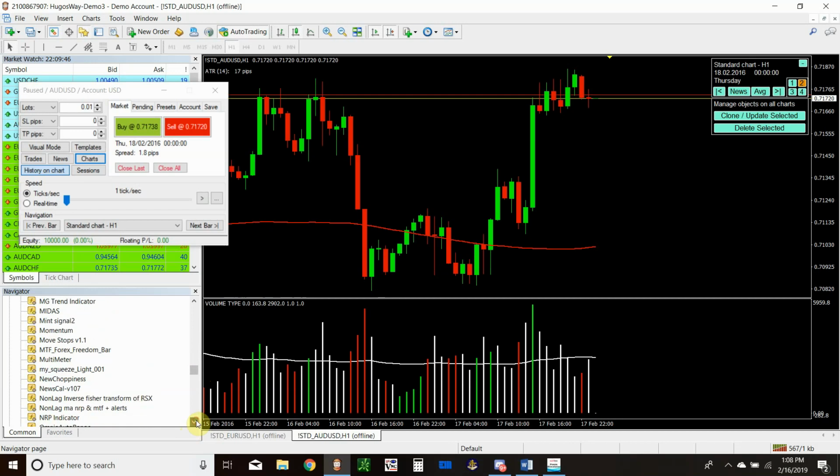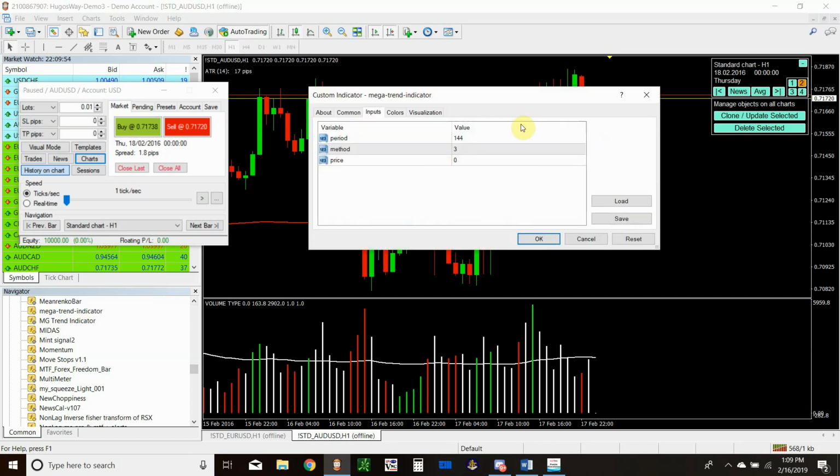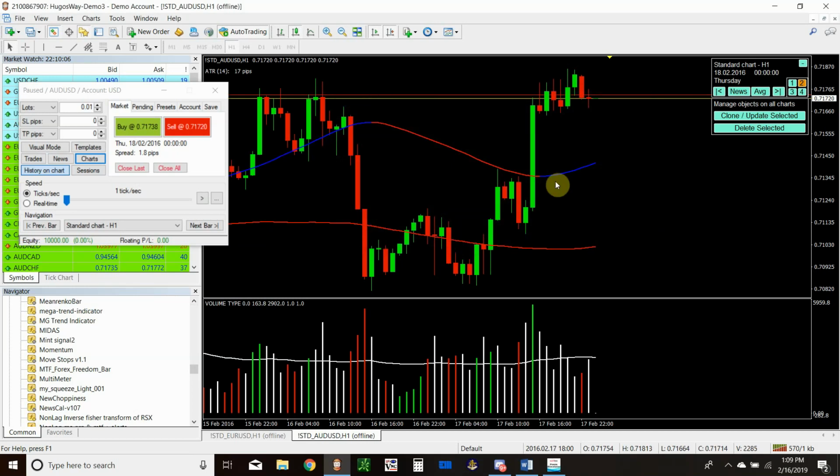That's the one I usually use for my exit indicator. See here, Megatrend, right here. The standard is 144, and I find that too long, but I'm going to put it up here on the chart so you guys can see how I adjust it.